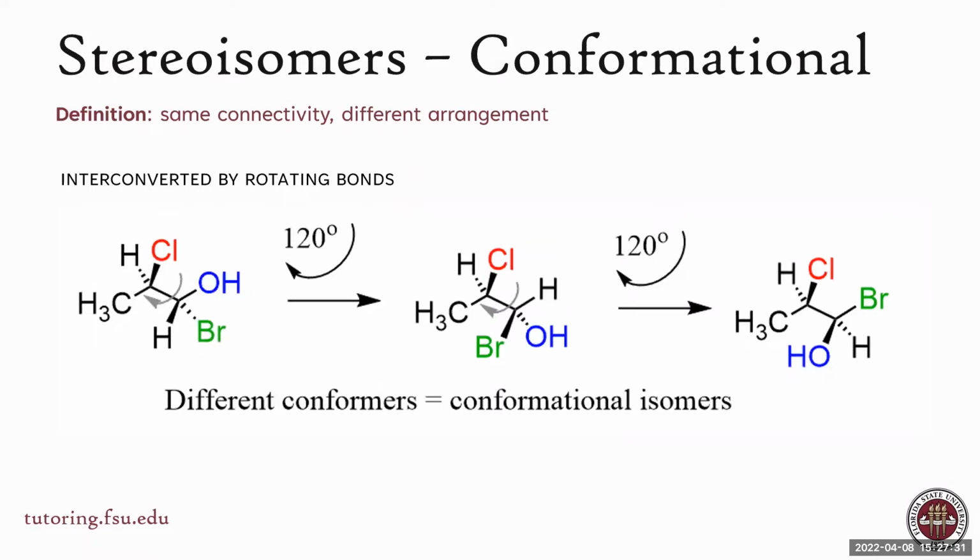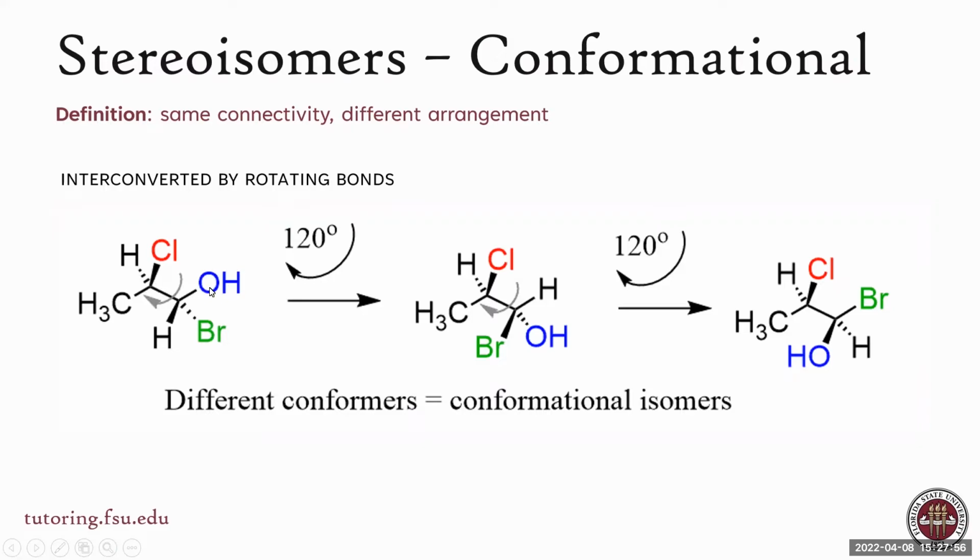Stereoisomers, not constitutional. So a different arrangement. Here we have this methyl group, and this chlorine is facing out at us. Now this left side is the same: chlorine, H, CH3, chlorine, H, CH3.